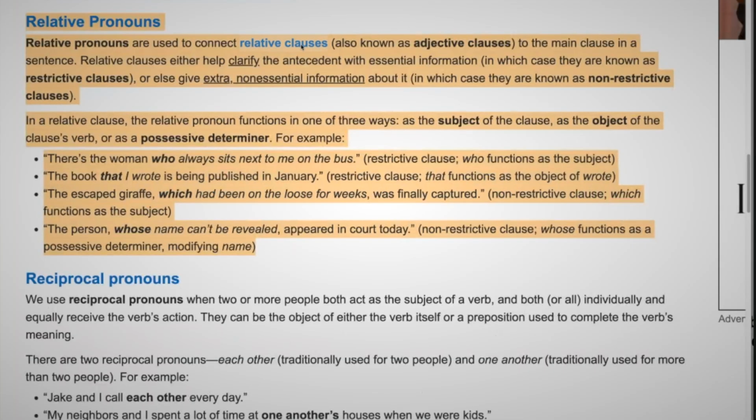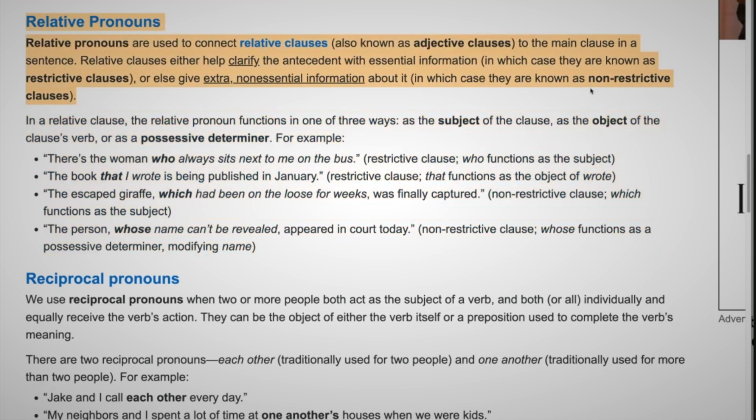Can you read this here? They connect the relative clause. So go ahead and read this thing here. Relative pronouns are used to connect the relative clauses, also known as adjective clauses, to the main clauses in a sentence.